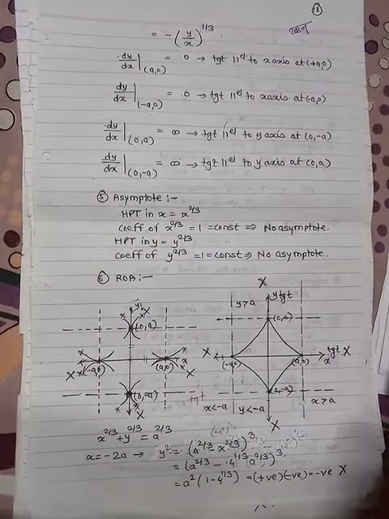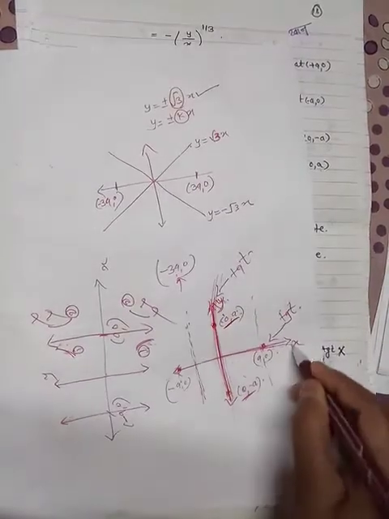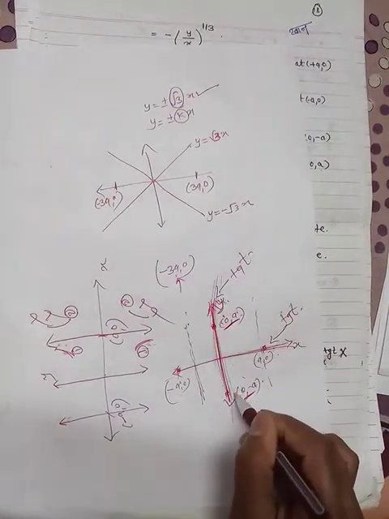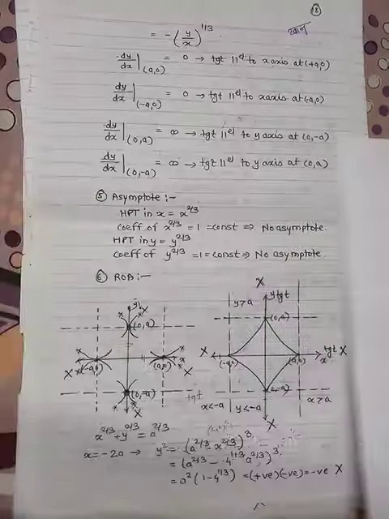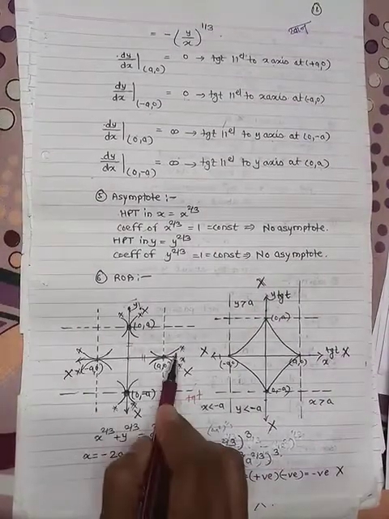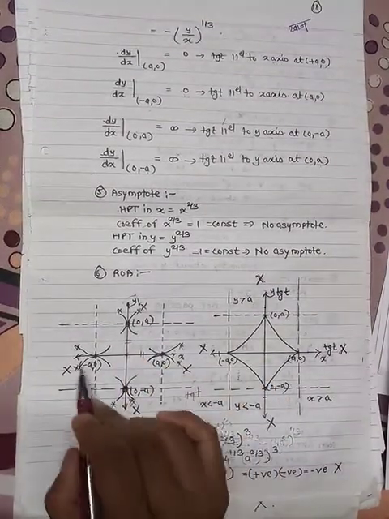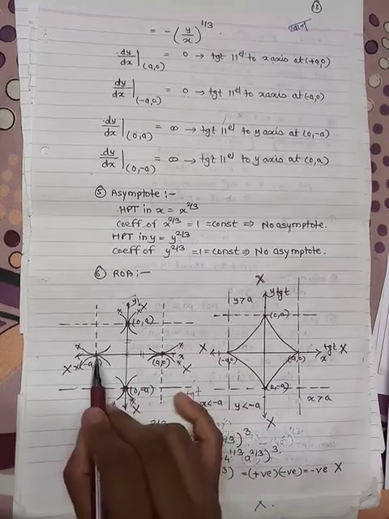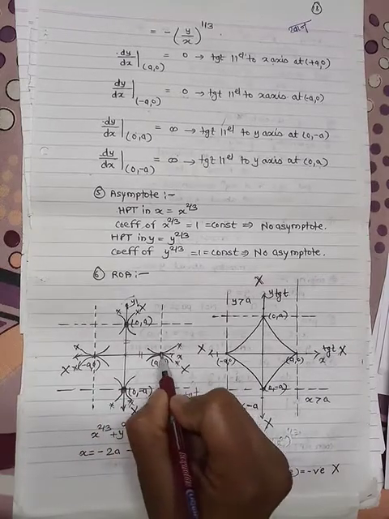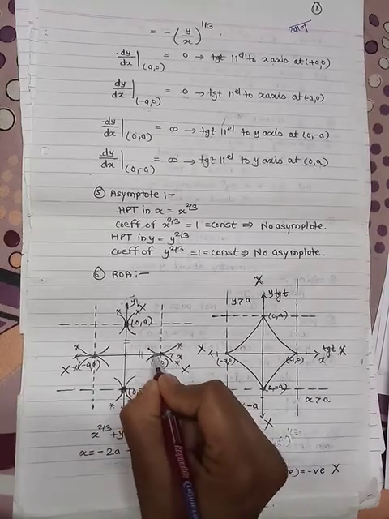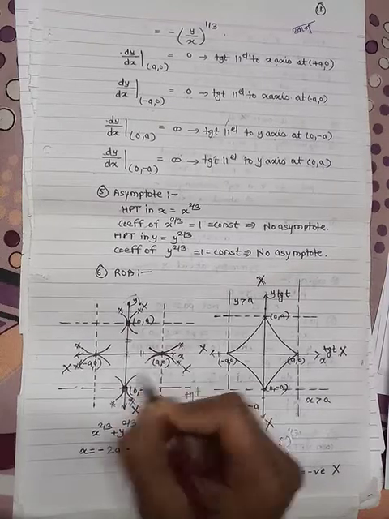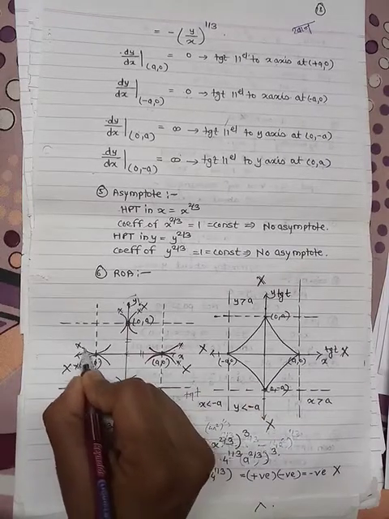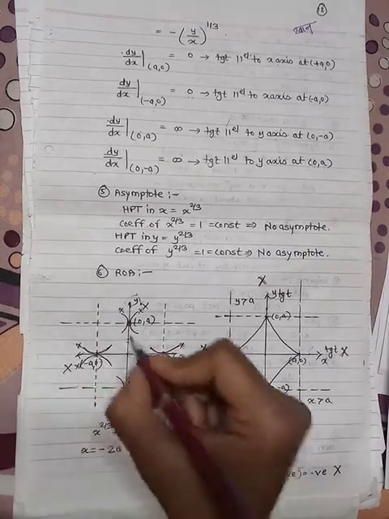So here we get the x-axis itself as a tangent, and the y-axis itself as a tangent. So here the x-axis and y-axis are tangents. The x-axis is the tangent which is passing through (a, 0) and (minus a, 0). So hence at this point the curve nature is this possibility or this; at (minus a, 0) this or this.